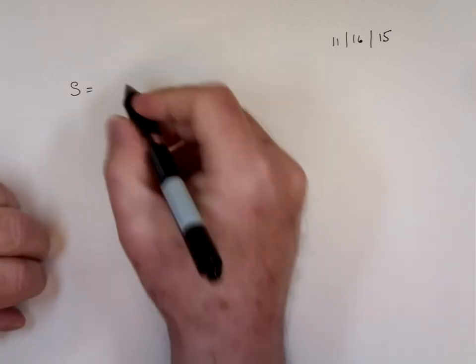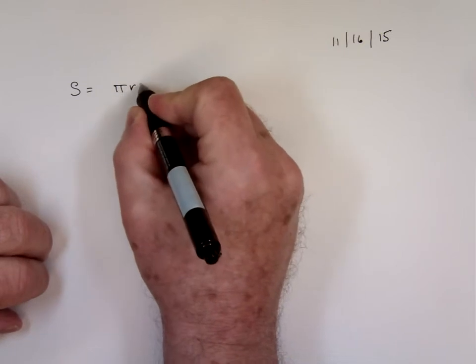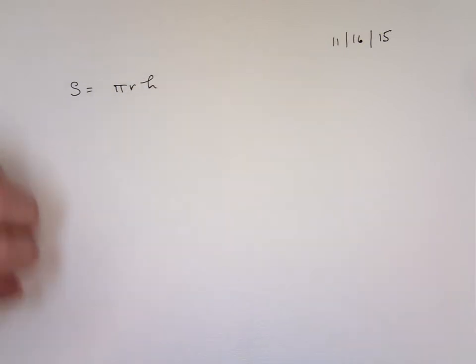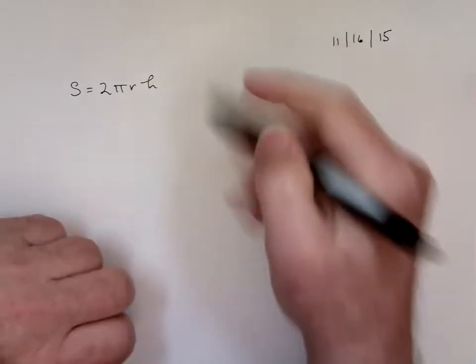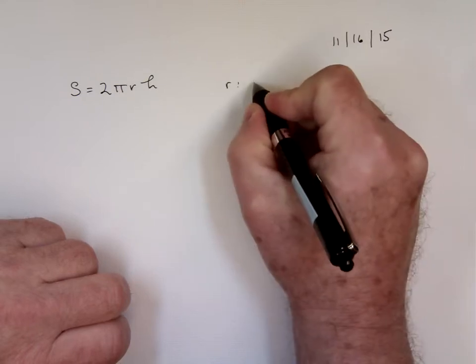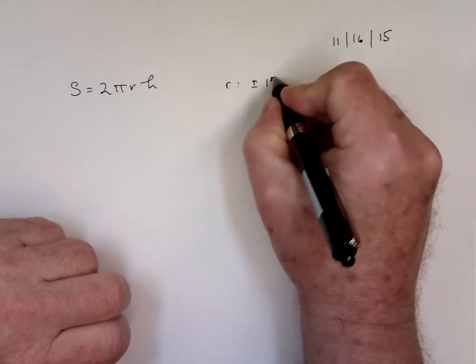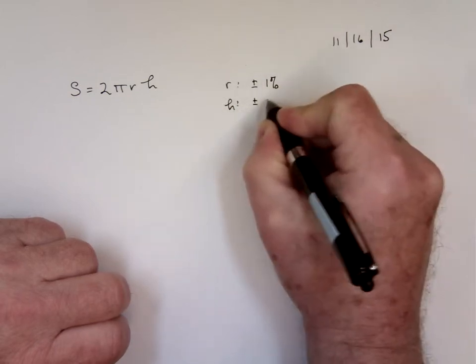Surface area, 2 pi r h. It's the lateral surface area of a right circular cylinder. Let's suppose the r has an error of plus or minus 1%, and the h has an error of plus or minus 2%.